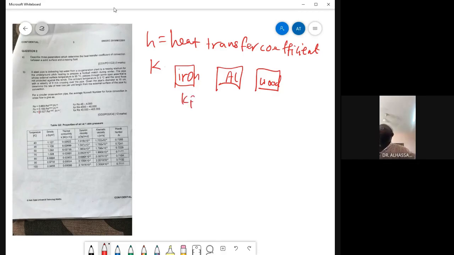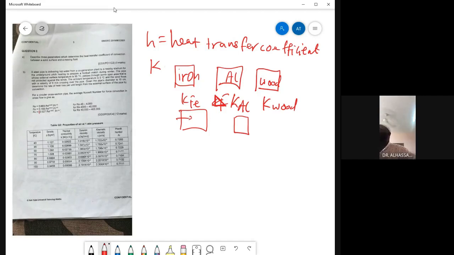The k for iron will be different from the k for aluminum, and the same applies to the k for wood, because k depends largely on the type of material. You and I know that aluminum and iron will readily allow heat to be transported quickly compared to wood.